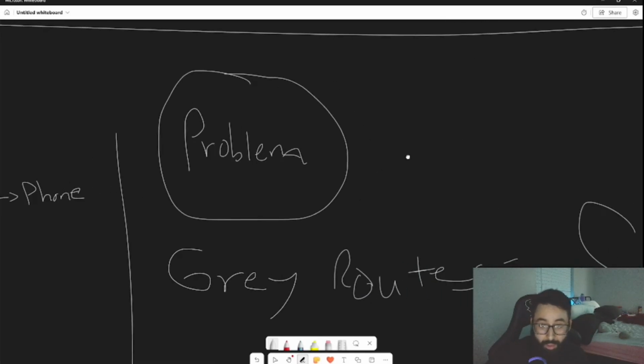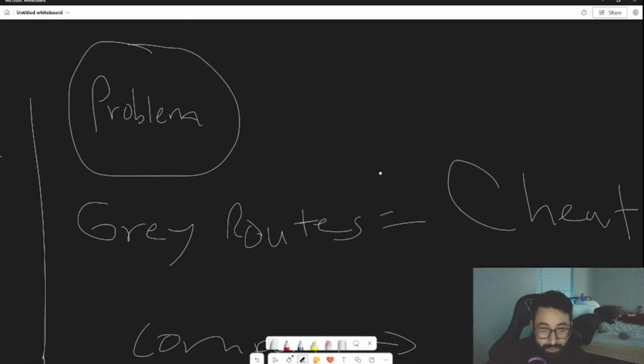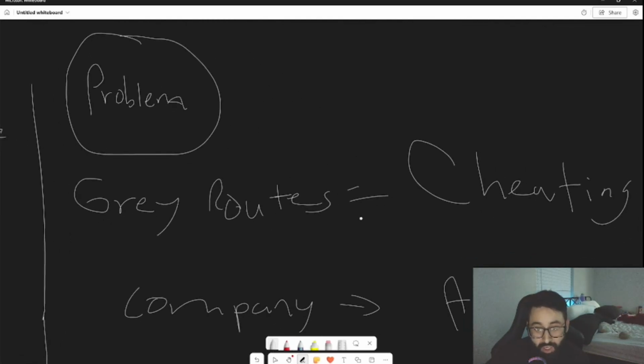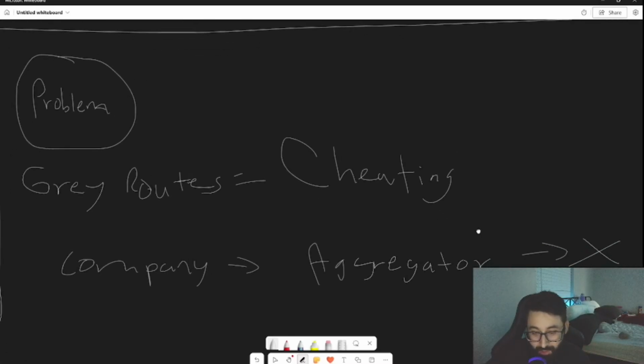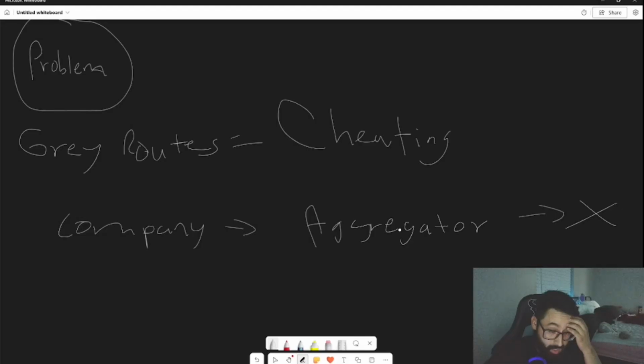Where the problem lies is that gray routes are basically cheating. The problem starts when the middleman realizes that sending messages to certain countries is expensive. So instead of paying the full price, they cheat the system.